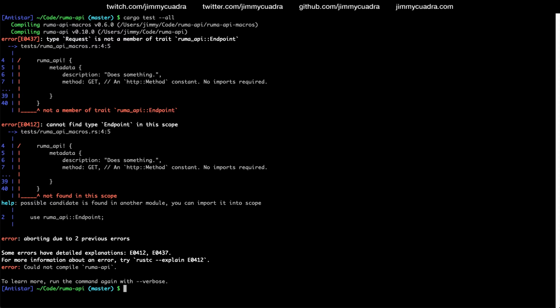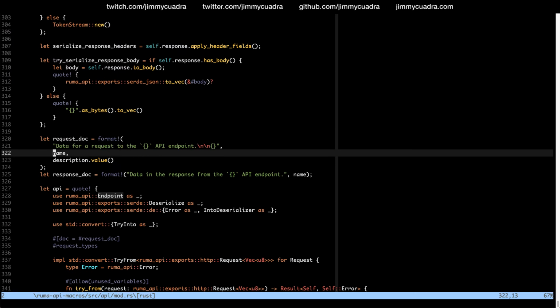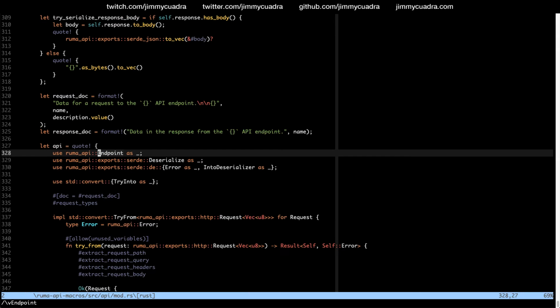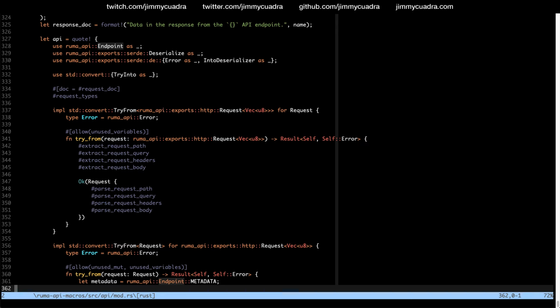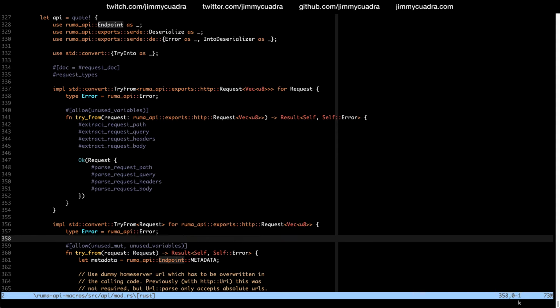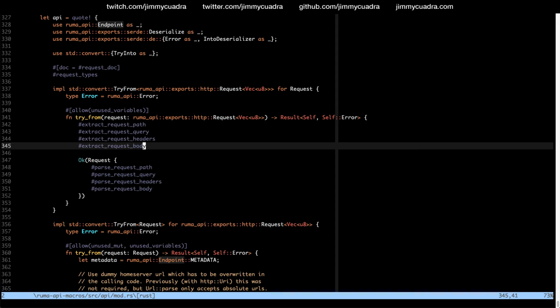And so then the last problem should be that we are only implementing endpoint for this endpoint struct that no longer exists, whereas we want it to actually be on the request now. So how's that going to work?